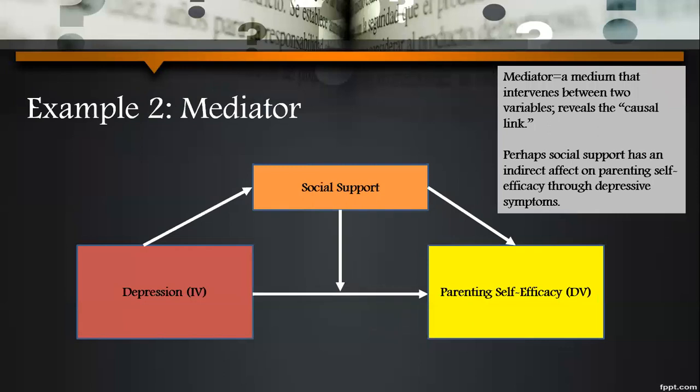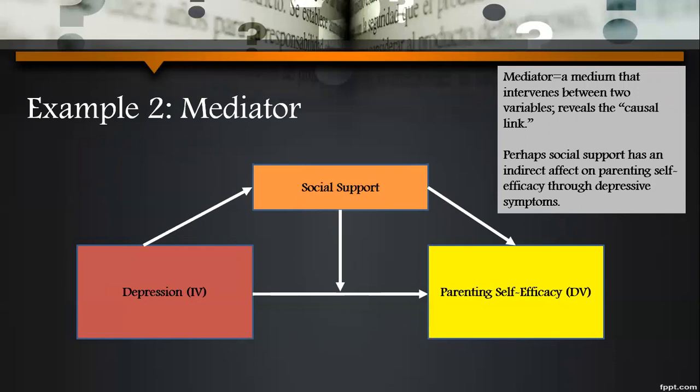Researchers may also consider what we call mediators. Mediators are exactly what it sounds like: a medium that intervenes between two variables or reveals some kind of causal link or causal chain. Perhaps social support has an indirect effect on parenting self-efficacy through depressive symptoms.